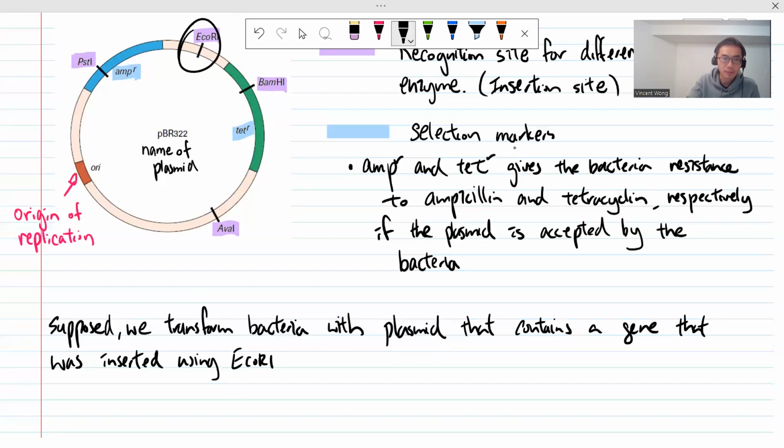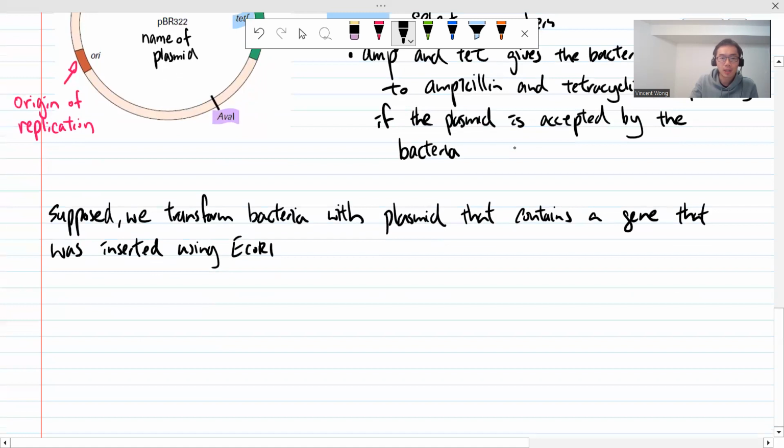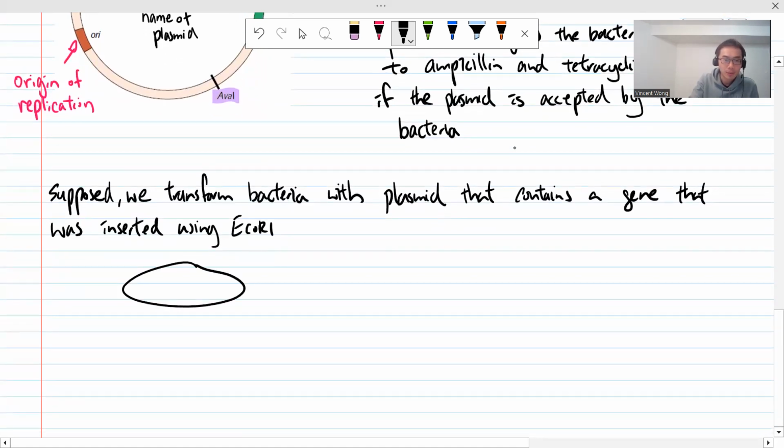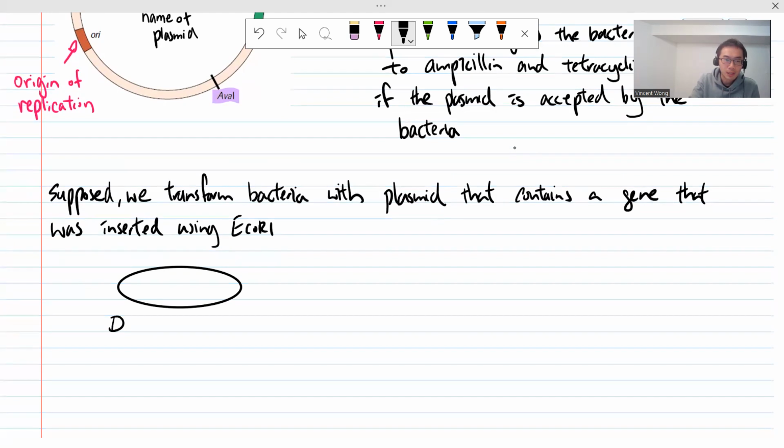Okay, so it goes right here. Okay. Let's take a look at what happens. Okay, so we have two groups of bacteria. Let's look at those that have not accepted the plasmid. Did not accept the plasmid.